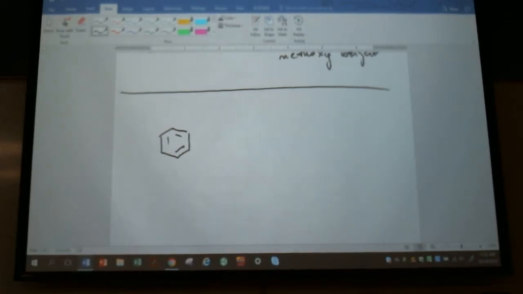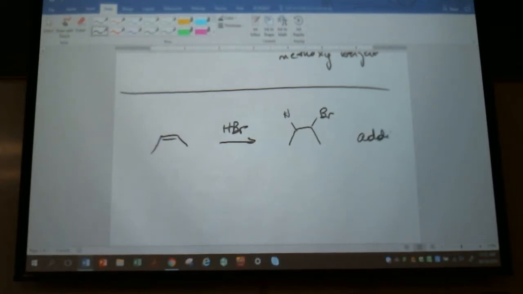Disrupting this aromaticity ain't trivial. So, if I had a simple carbon double bond carbon, if I have this molecule, and I put HBr, I would end up adding hydrogen and bromine across the double bond. That's what we call an addition reaction. And I carefully made this symmetrical so I don't have to worry about my regiochemistry.